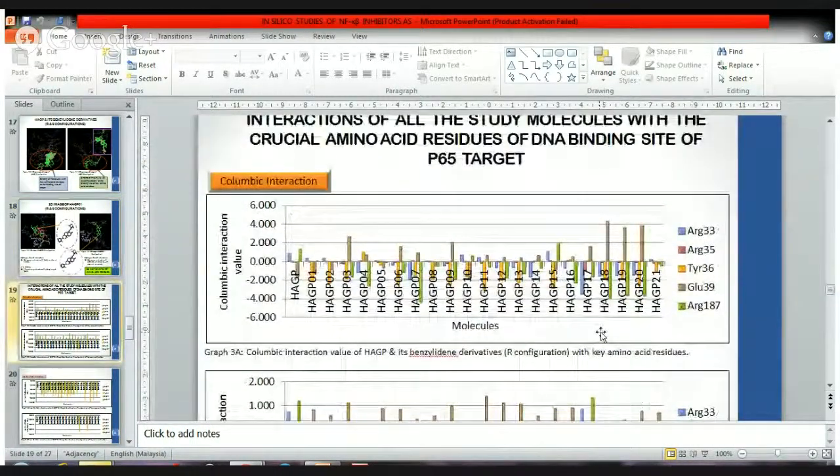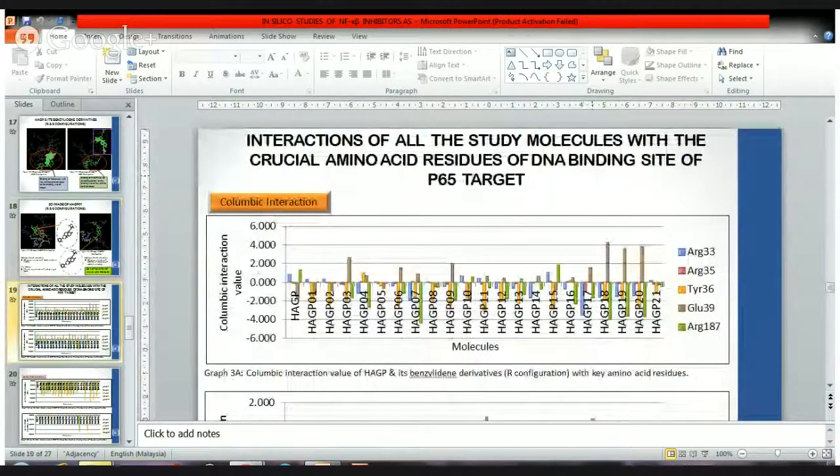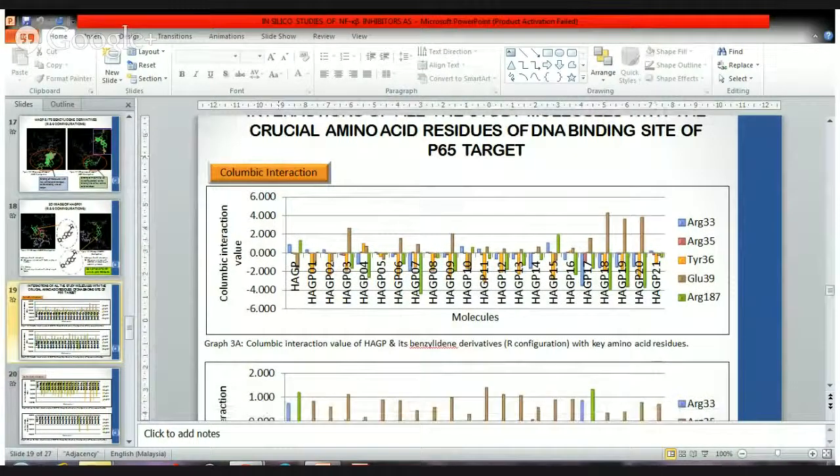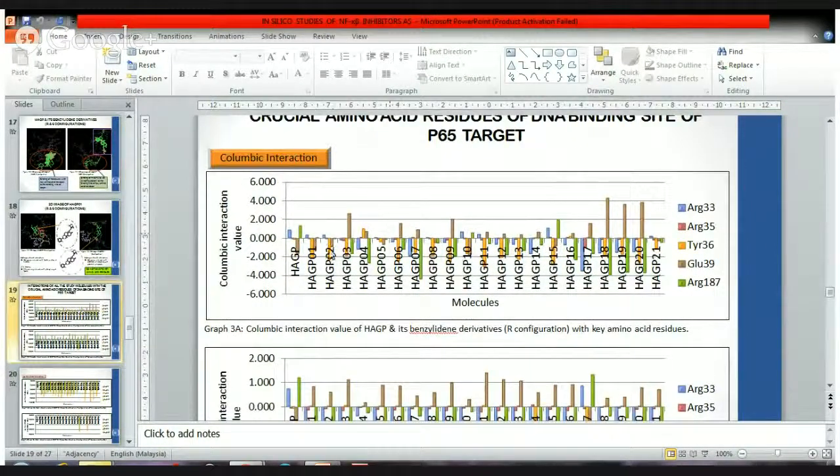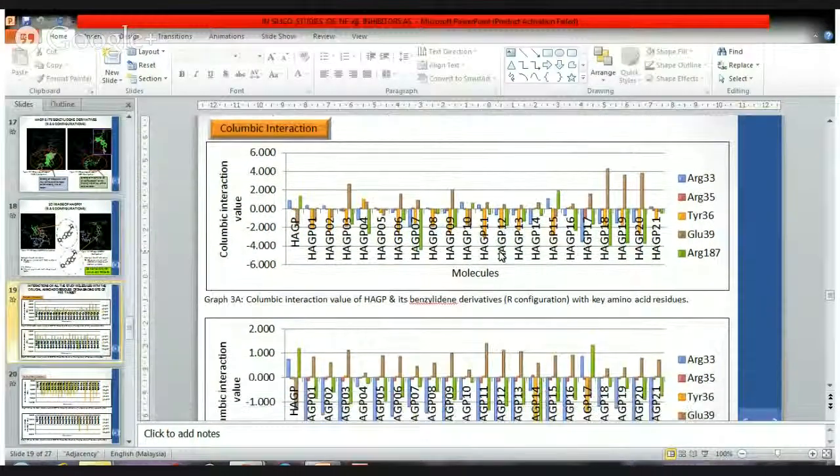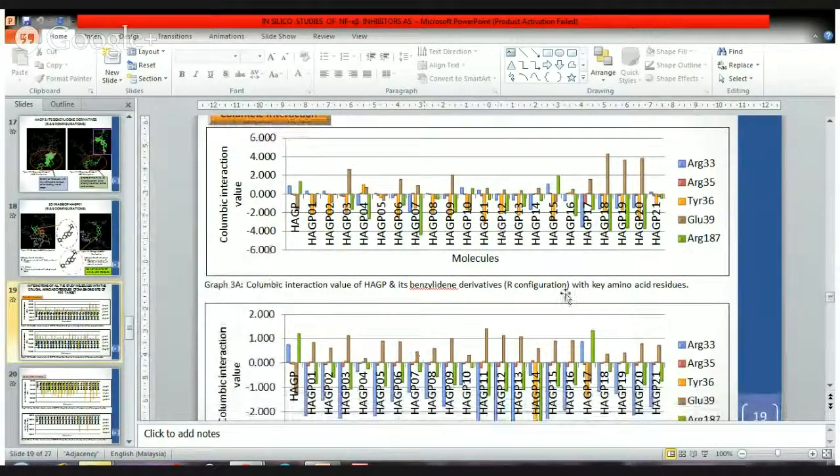And this graph is basically showing the interaction of all the study molecules, where it is the HAGP and its benzylidene derivatives, both R and S configurations, with the crucial amino acid residues of the DNA binding site of the P65 target. So first we'll be focusing on coulombic interaction, where the top graph is showing the R configuration and the bottom one is for the S configuration.